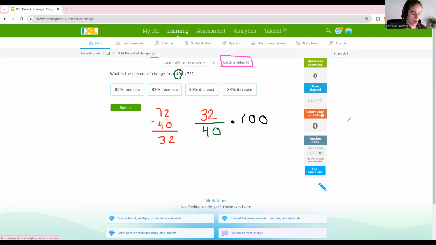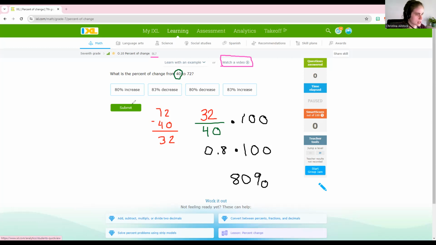When we divide 32 by 40, please make sure you put that in your calculator correctly, because it's 32 divided by 40. We need to type it in that way. 32 first, divided by 40. And we get 0.8. But because we want our answer to be represented as a percentage, we will now multiply that by 100, and we see that it had an 80% change.